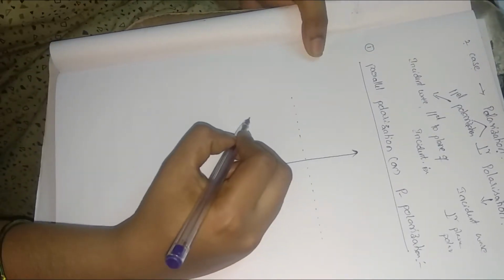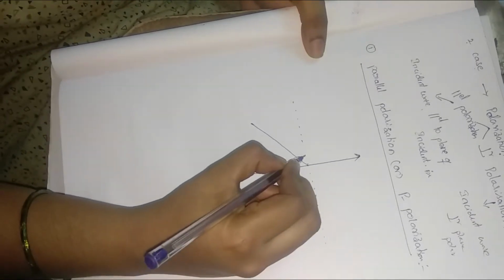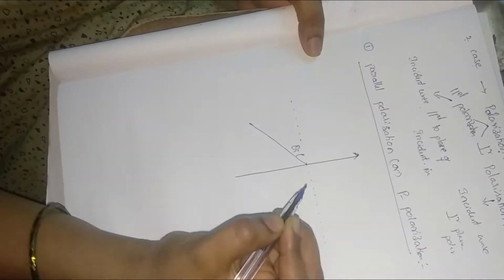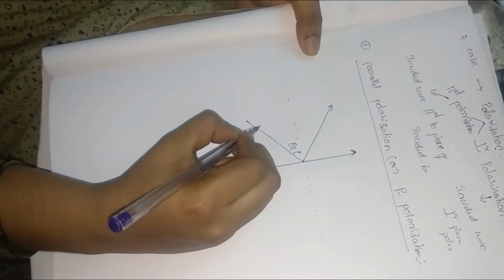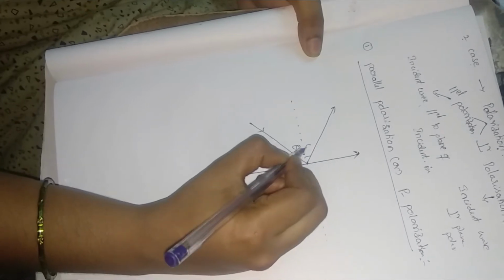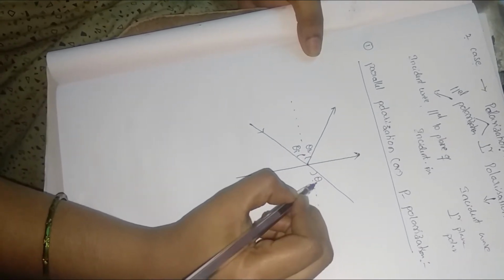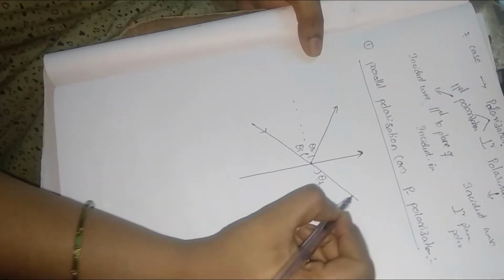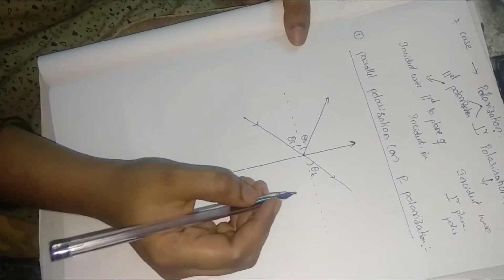Now the plane wave is incident on the boundary with the angle theta i. In the same way, some portion of the wave is reflected back with the angle theta r, and this is the transmitted or refracted wave with the angle theta t. These are the things we have already discussed.